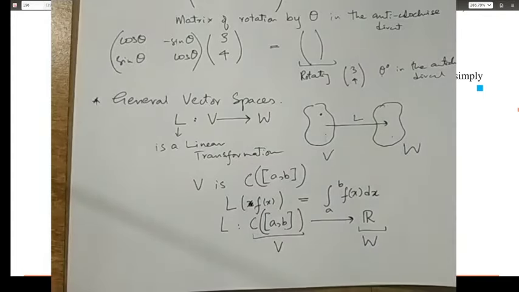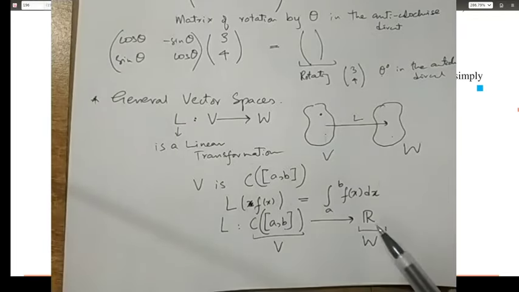Now these are no longer vectors in Rn. Well, this space is still some vector space in Rm, but what about this space? It's not a vector in Rm. And so we need some other way of expressing this linear transformation.